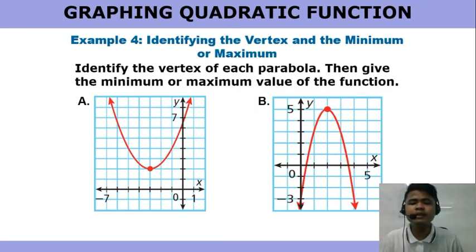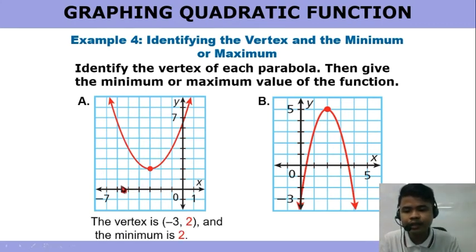Okay. Dito naman tayo sa identifying the vertex and the minimum or maximum value of a quadratic function. Okay, identify the vertex of each parabola. Then give the minimum or maximum value of the function. Okay, meron tayong dalawang parabola dito, A and B. Okay, the vertex is negative 3, 2. So, bakit negative 3, 2? Okay.